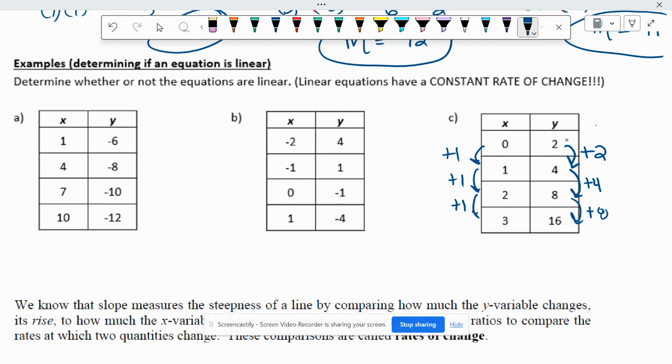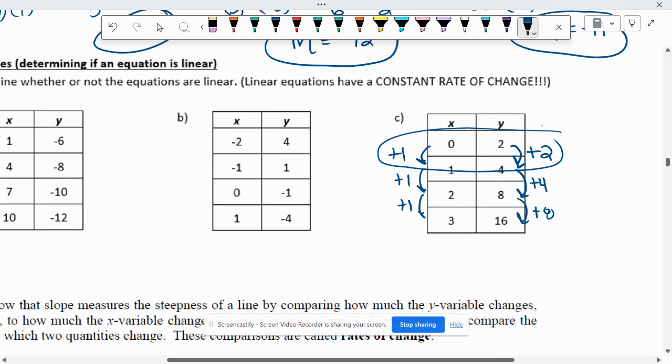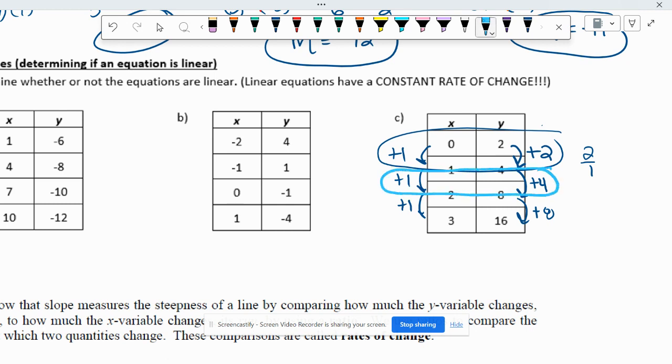If I think of this as the change in y over the change in x, I get the fraction 2 over 1. The next one, 4 over 1. And the last one, 8 over 1. Those are not the same. This is not linear. It's not going to make a nice straight line.